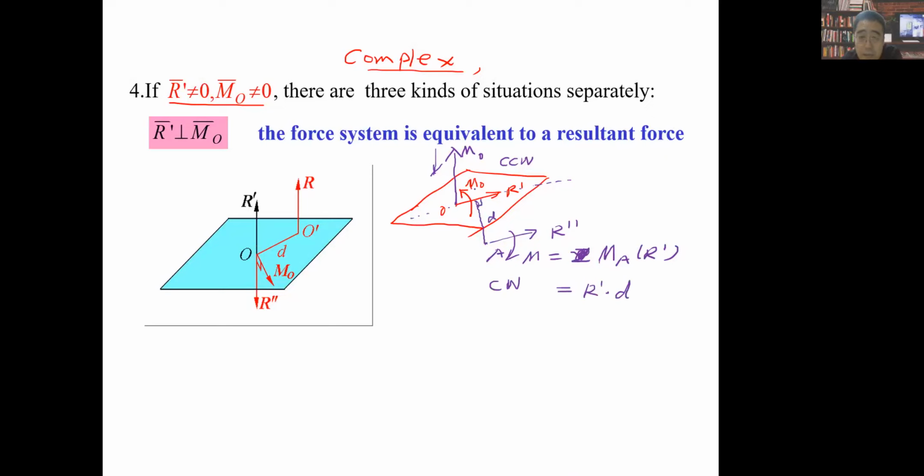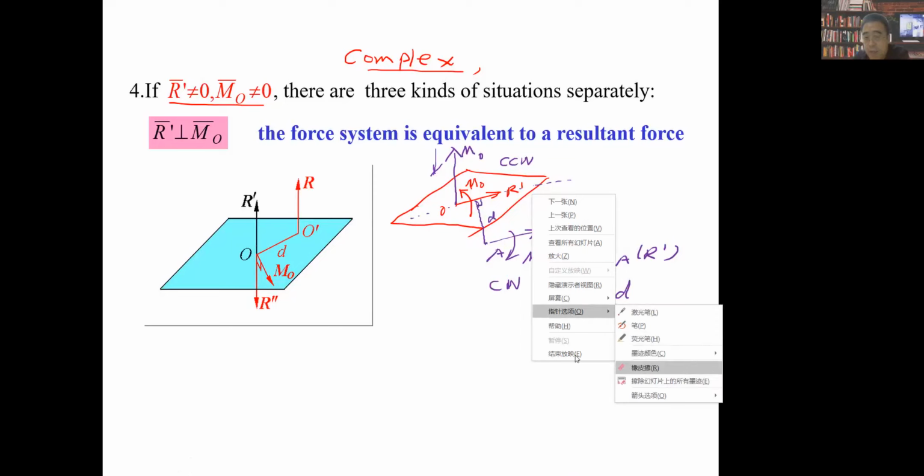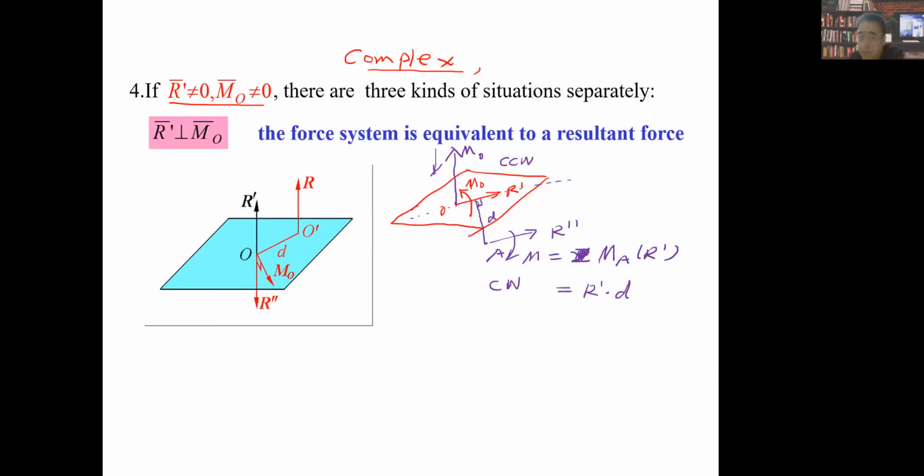Because this MO can freely move from this point O to this A, once again I will change the color. Maybe we use green. So we can freely move MO here.